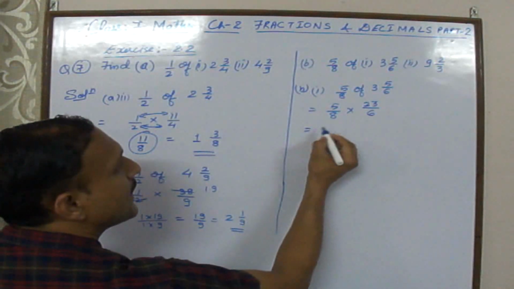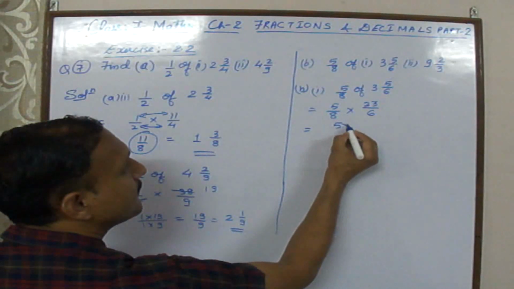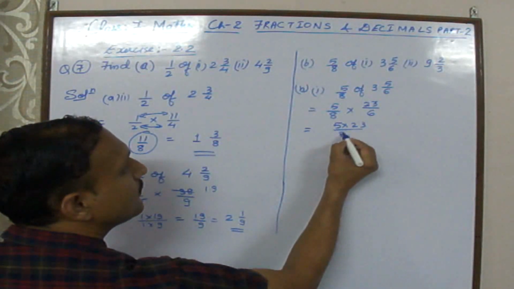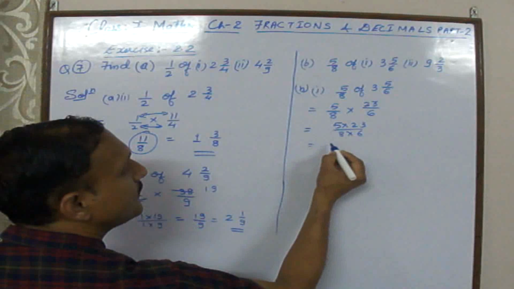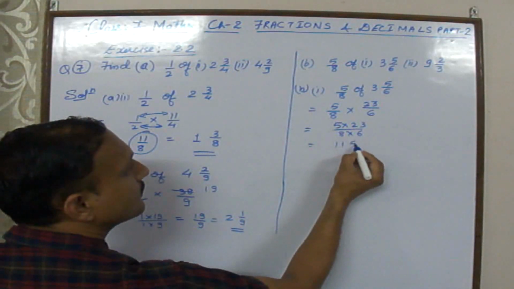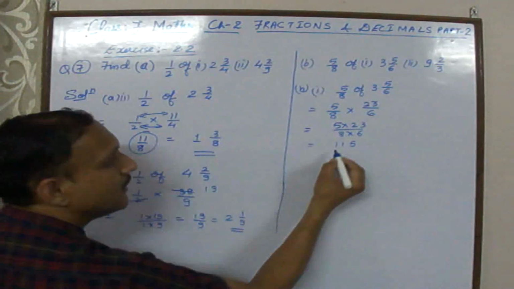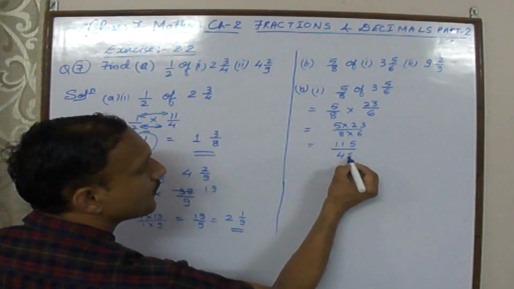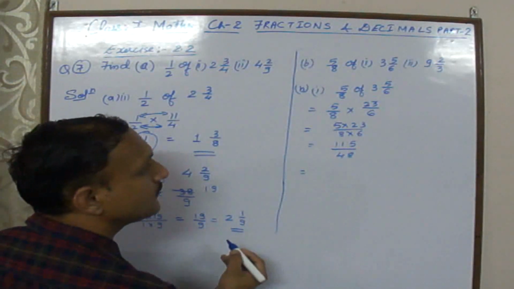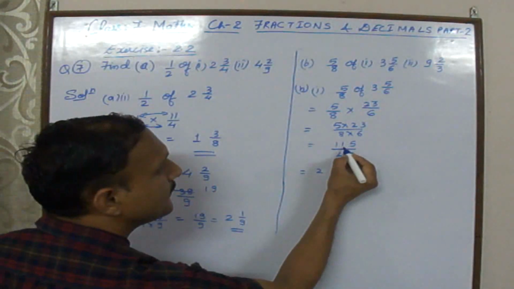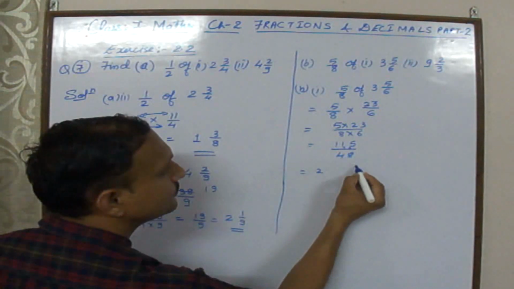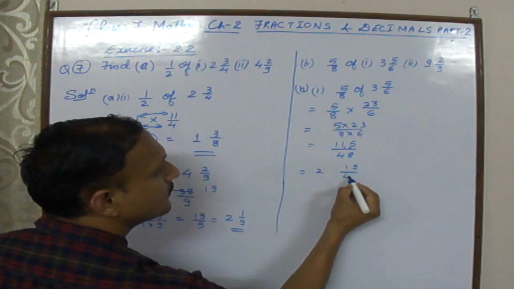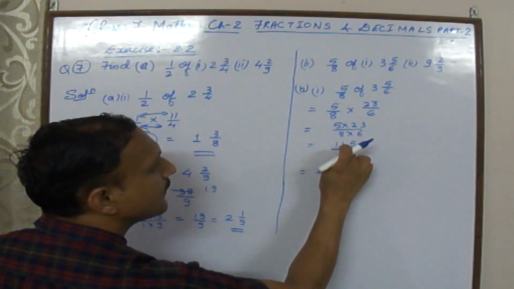No. So multiply 5 into 23 by 8 into 6. 23 5s are 115. 8 6s are 48. Now 48 2s are 96. Subtract. So this is the answer.